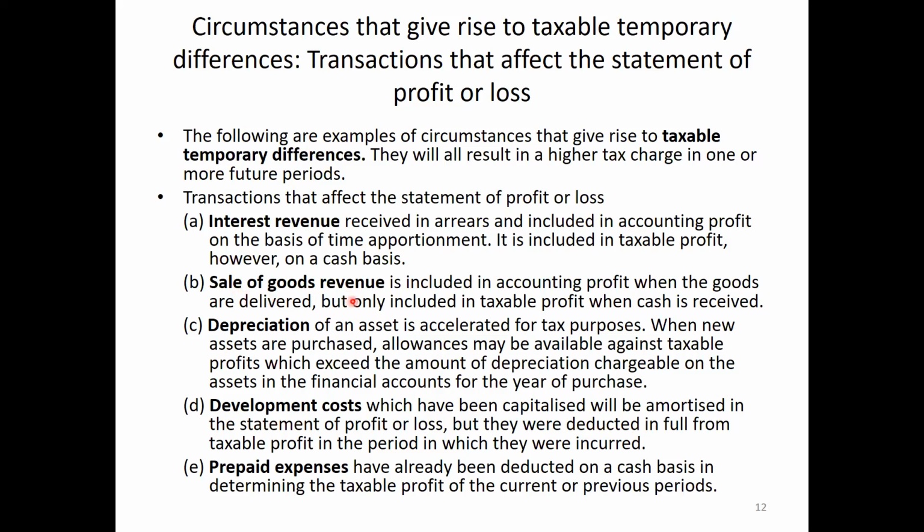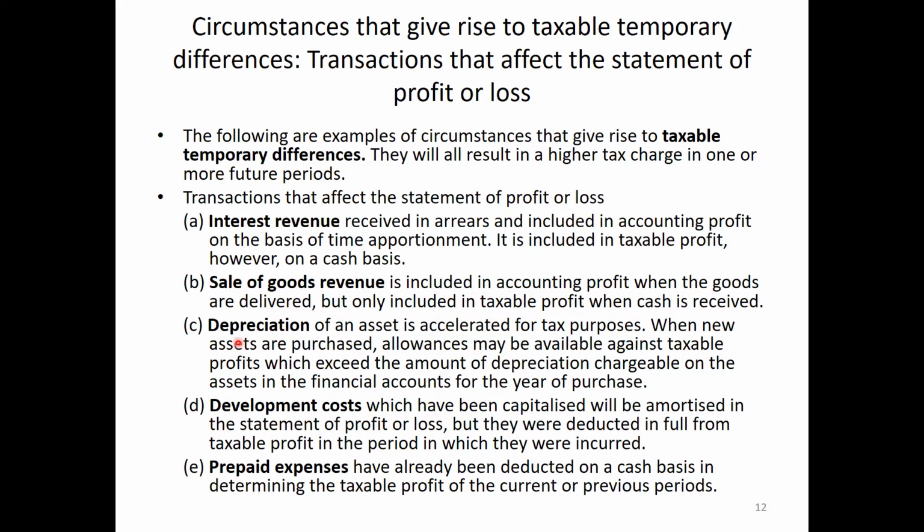So sale of goods revenue is included in accounting profit when the goods are delivered, but only included in taxable profit when the cash is received. Right. If both accounting and tax treatment follow the same method, cash basis or accrual basis, no difference will arise. There is no deferred tax. There is no space for that.